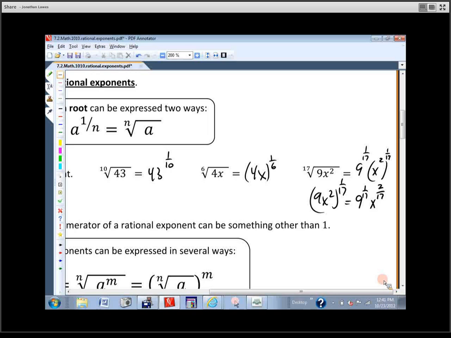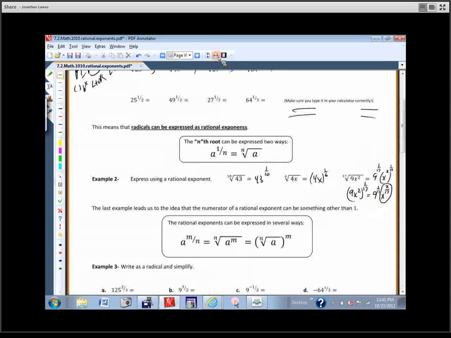We're good? Well, if you look at this one right here, it is different than all the others. It doesn't have a 1 in the numerator. So we can actually take advantage of that to rewrite radical expressions a different way. So here's what we want to keep track of. Rational exponents can be expressed in several ways. So if I have a to the m divided by n, this right here is still the base.